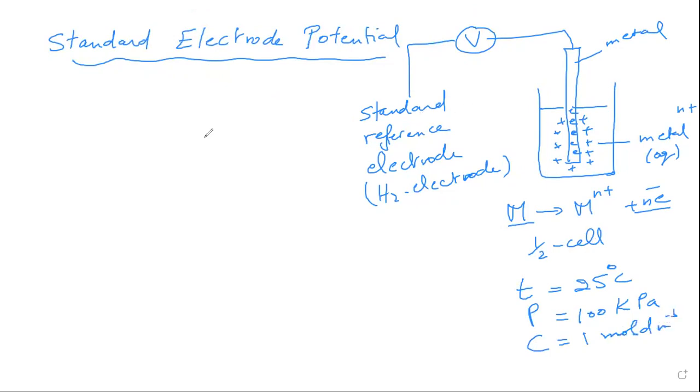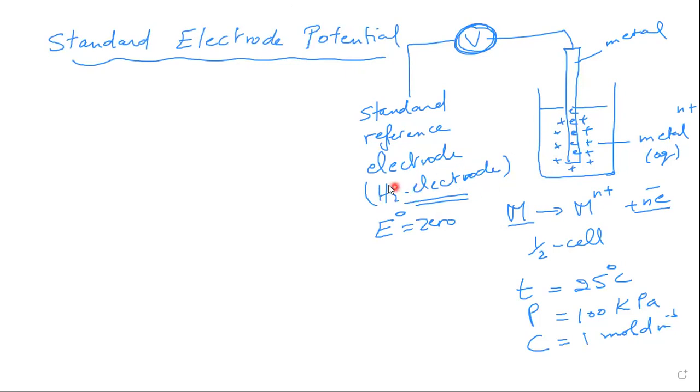The standard hydrogen electrode has an E naught value equal to 0. That's why the voltage we measure is the standard electrode potential of the electrode where a metal is dipped in a solution of its own ions.